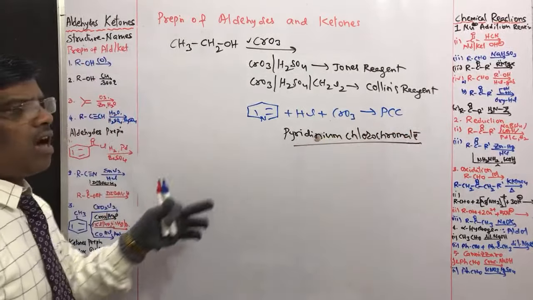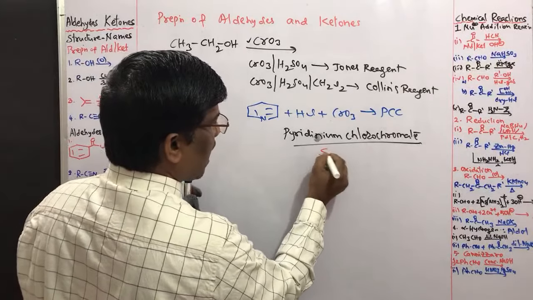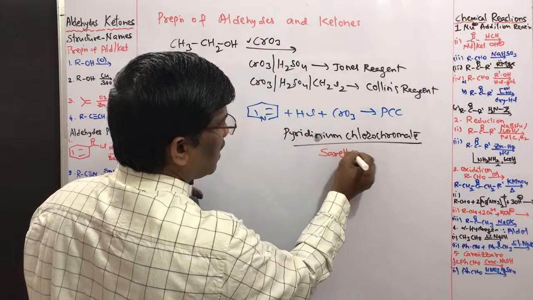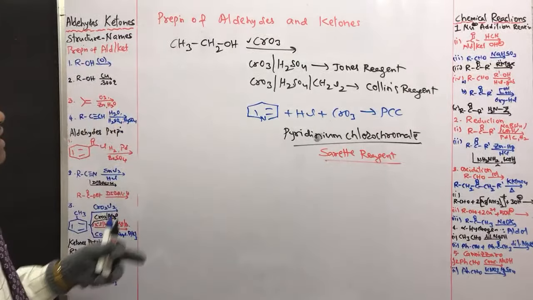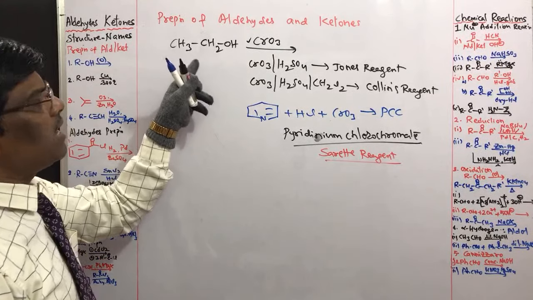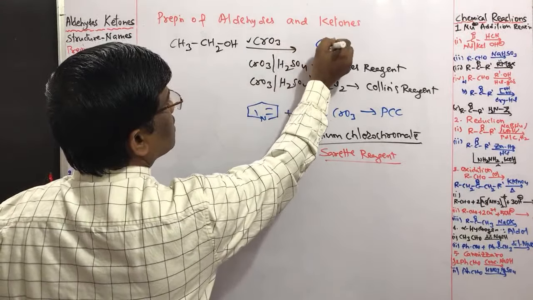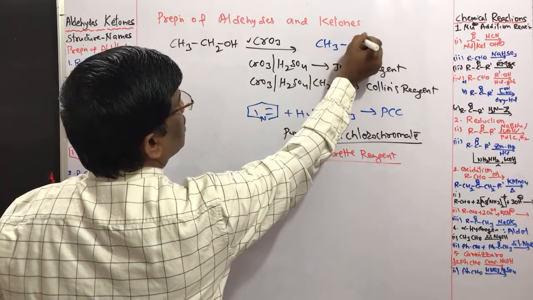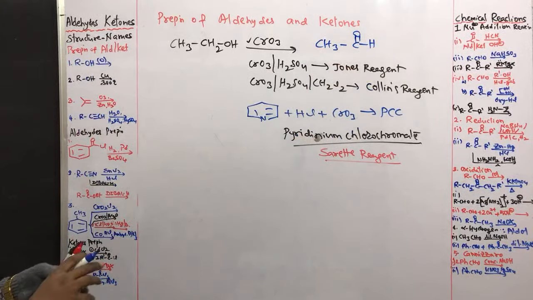So this is an almost neutral reagent, and this reagent name is Sarett reagent. So PCC reagent or whatever reagent you want to use, you can use to oxidize primary alcohols. These alcohols are going to give, by this oxidation, acetaldehyde.